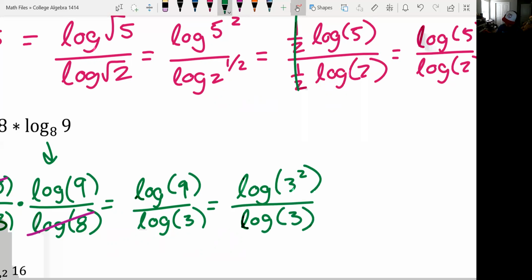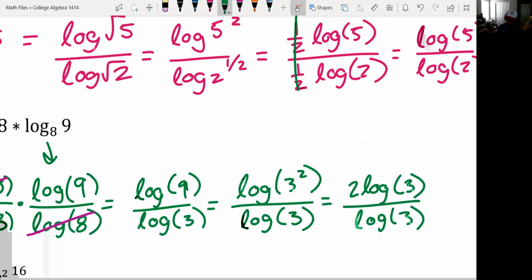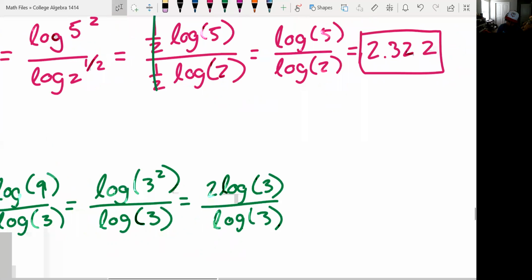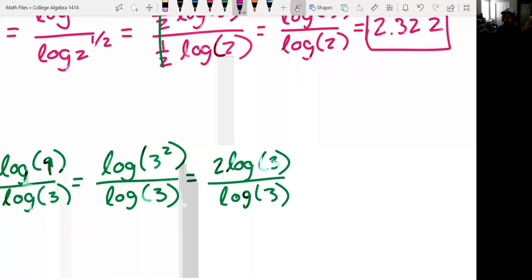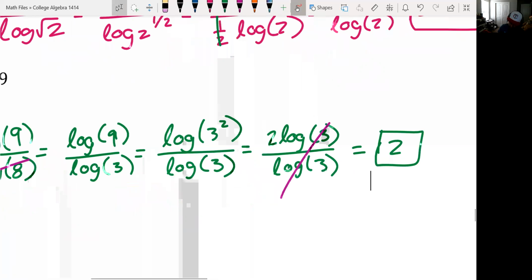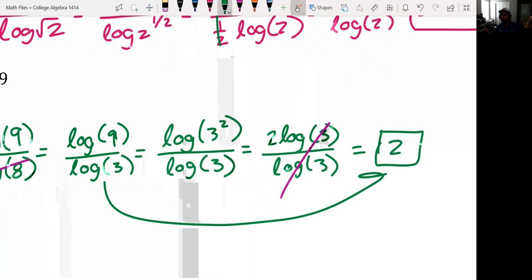And by power rule, that 2 moves to the front, which means you'll get 2 log 3 over log 3, and your log 3s will cancel, leaving you with 2. The answer you could have got a long time ago by typing that in the calculator.